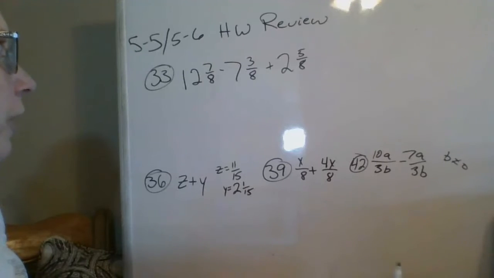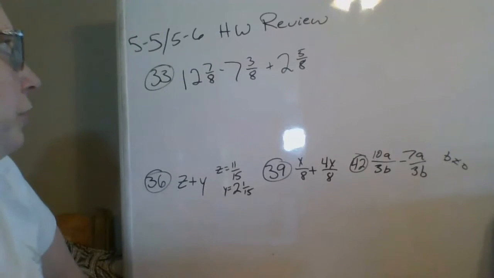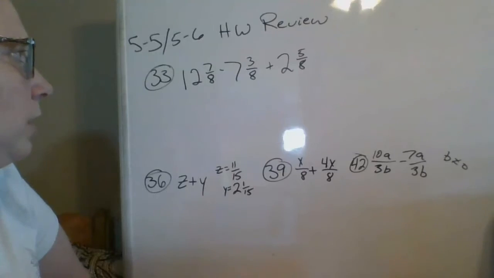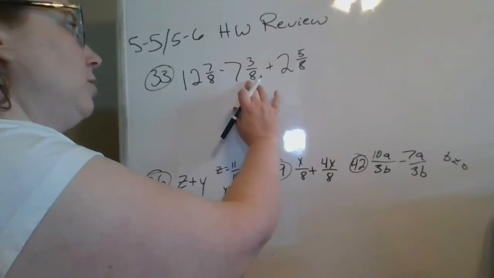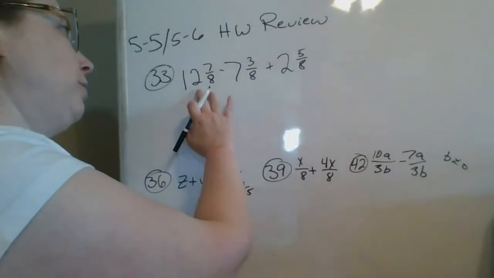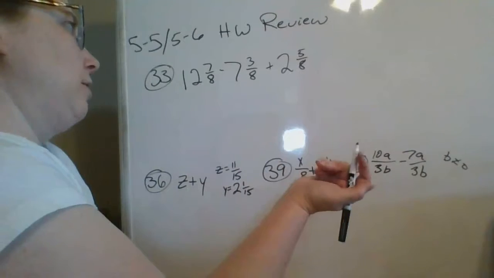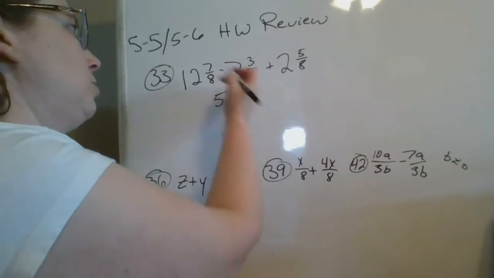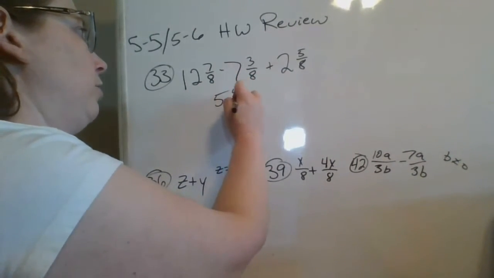4 problems here from 5.5. Our number 33 has 3 numbers that we're going to be adding or subtracting. I'm going to go ahead and do my first two, 12 7/8 minus 7 3/8. I subtract my whole numbers and then subtract my fractions.